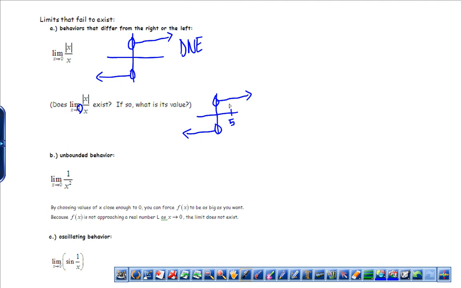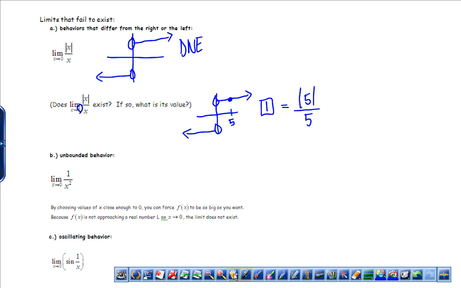My limit would exist because at 5, my limit would be 1. So you could plug in a 5. The absolute value of 5 over the absolute value of 5 is 5 over 5, which is 1. I got that by just plugging it in. Okay, and that would exist.